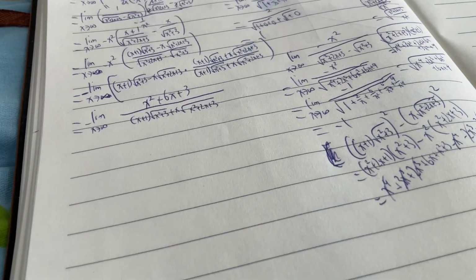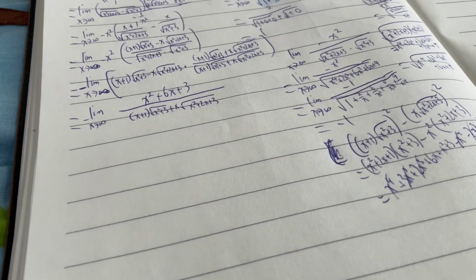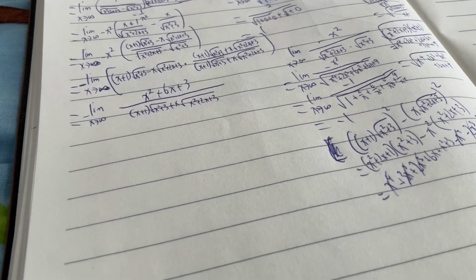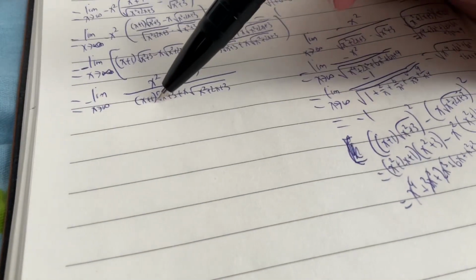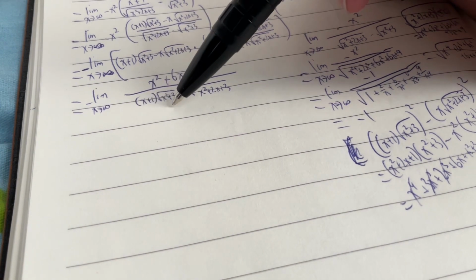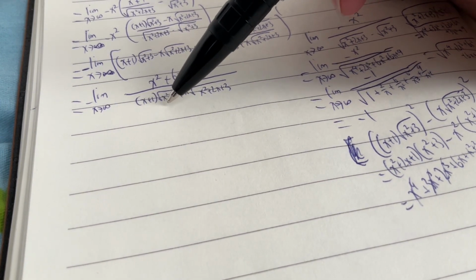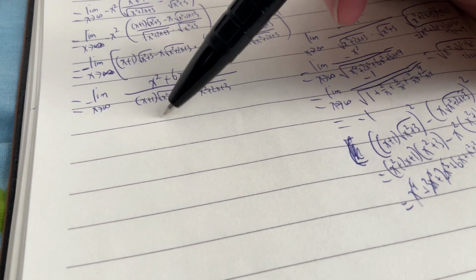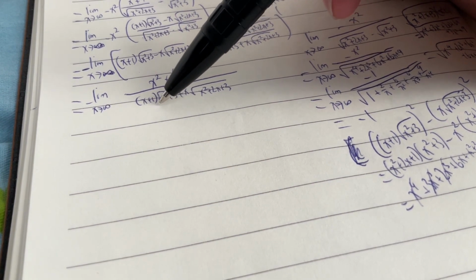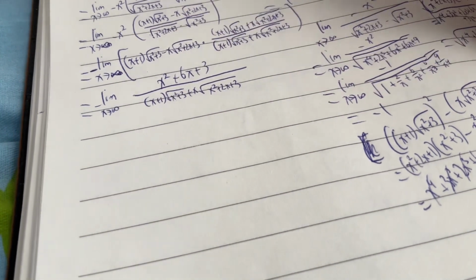And here we're going to divide by x. Divide by x this time, because we don't want the infinity inside. Divided by x, you will get what? So x can be written as the square root of x squared. So you just need to divide by x squared inside.